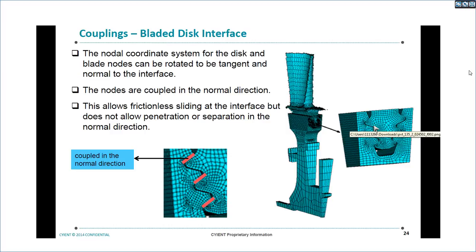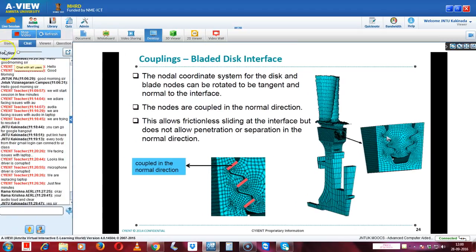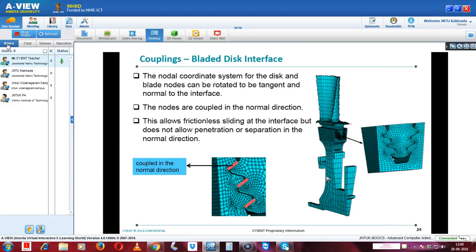So this is the surface. We rotate the nodes tangent and normal to the surface, and then couple the nodes in the normal direction. In this direction, we need to couple all the nodes on the blade and the disc. So all the nodes at the interface are coupled normal to the interface location.